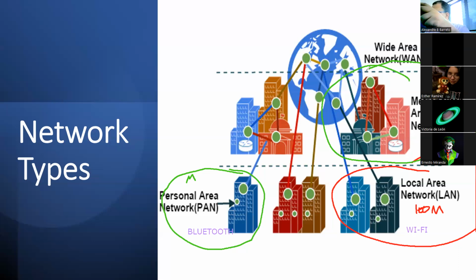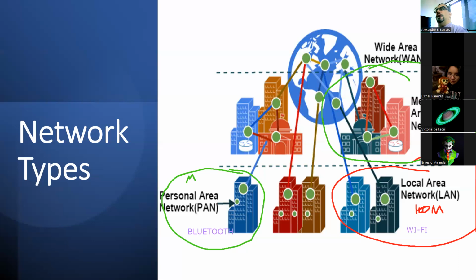The local area network from Mexico City and the local area network from Santa Fe compound a metropolitan area network from TEC. Did you understand? The metropolitan area network is a network that connects different networks, different LANs, inside a city.